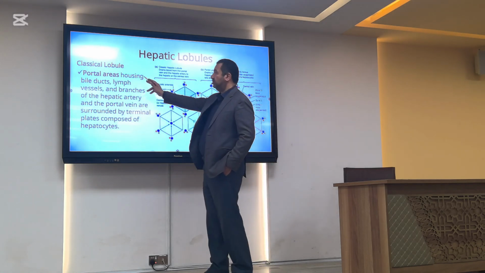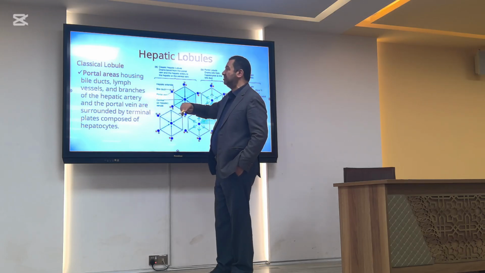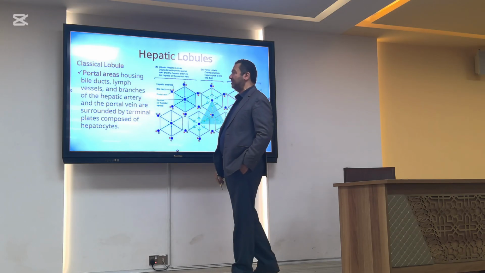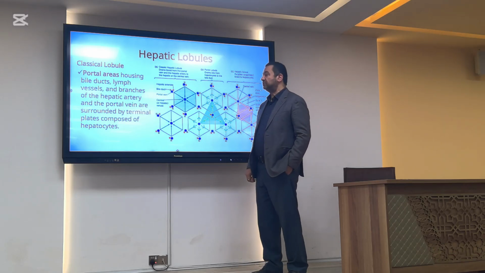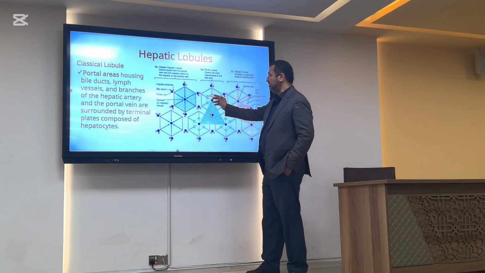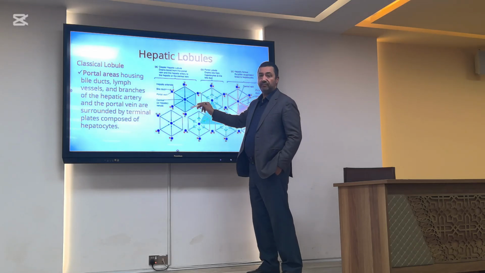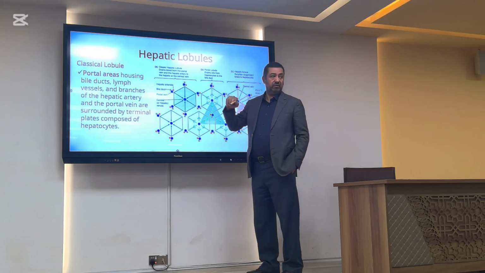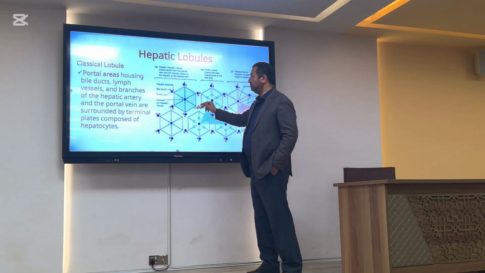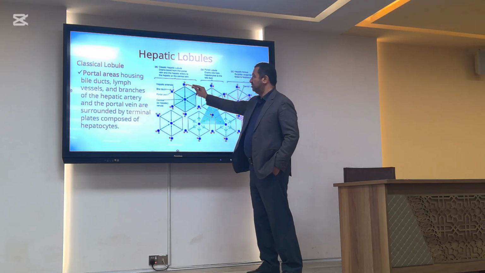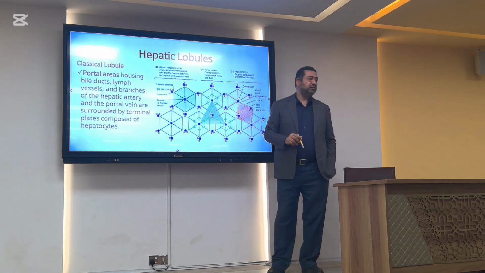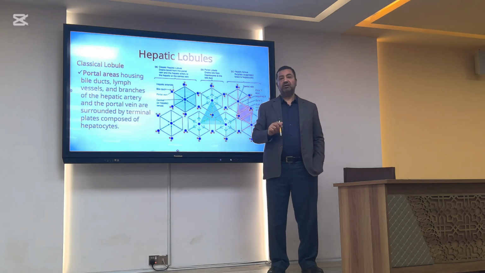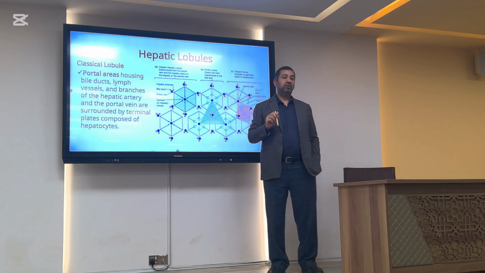The portal area housing bile ducts, lymph vessels, and branches of the hepatic artery and the portal vein is surrounded by terminal plates composed of hepatocytes. You see here, this is a classic hepatic lobule, and on the corner of this classic lobule, there are portal areas or Kiernan spaces.